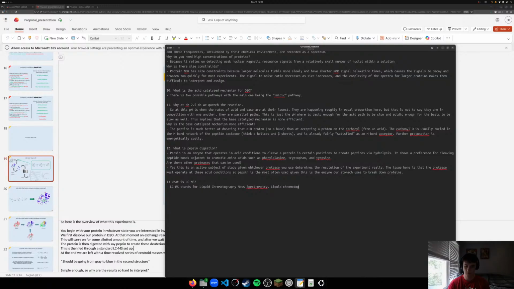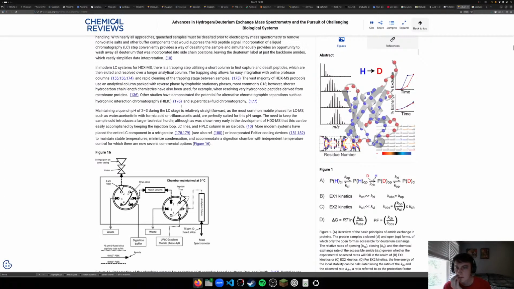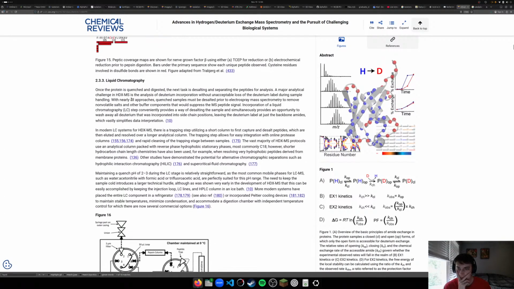Liquid chromatography works by separating something. Provides a way of desalting the sample and simultaneously.